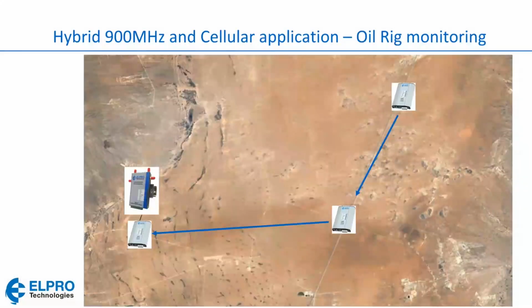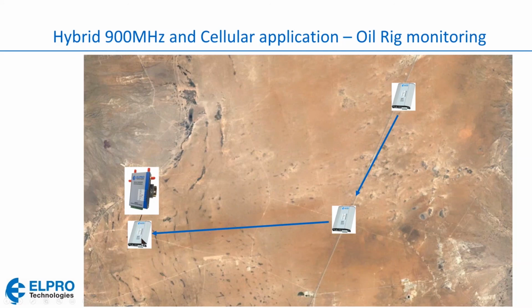Okay. Here's another one doing some oil rig monitoring in Texas, and they had some areas that did not have cellular coverage, so they used our 945 Ethernet radios. They're monitoring a whole bunch of parameters via Ethernet on one rig, and used another rig as a repeater site to get it back to the location where they had cellular coverage.